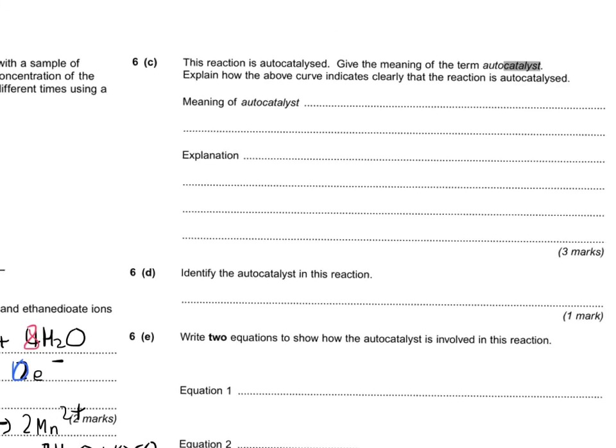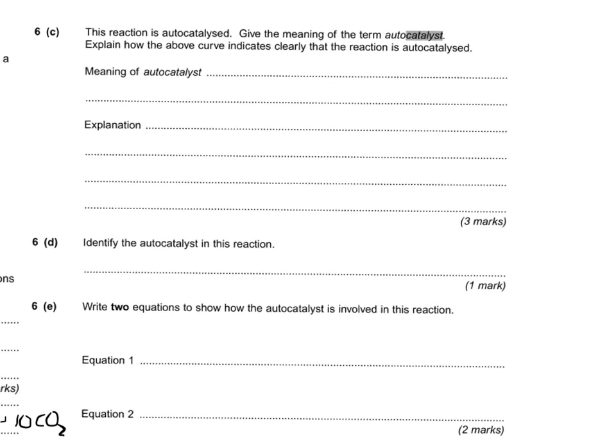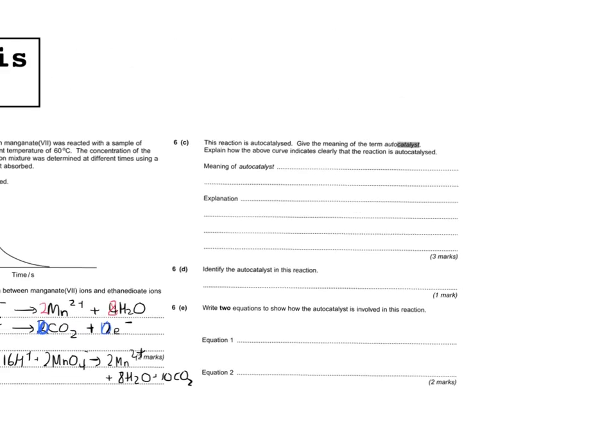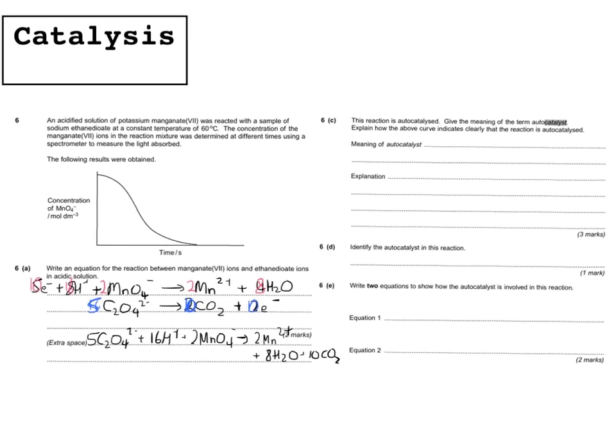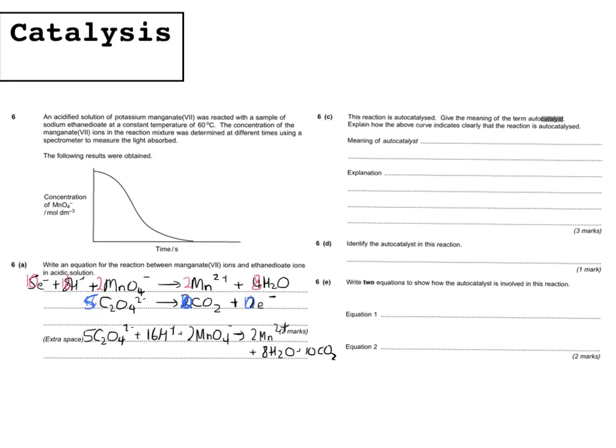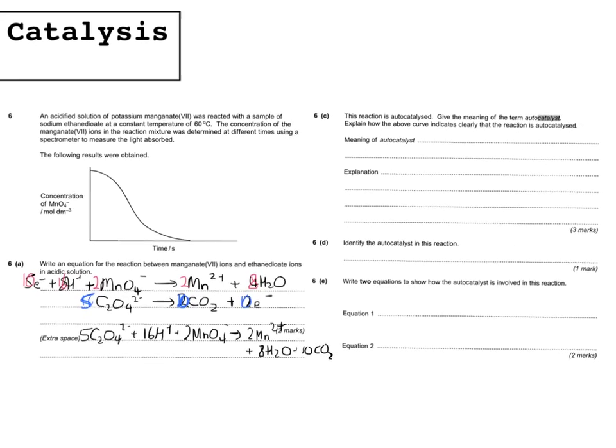And then this reaction is auto-catalysed. Give the meaning of the term auto-catalyst and explain how the above curve indicates clearly that the reaction is auto-catalysed. The meaning of the term auto-catalyst is that a product of the reaction also catalyses it.